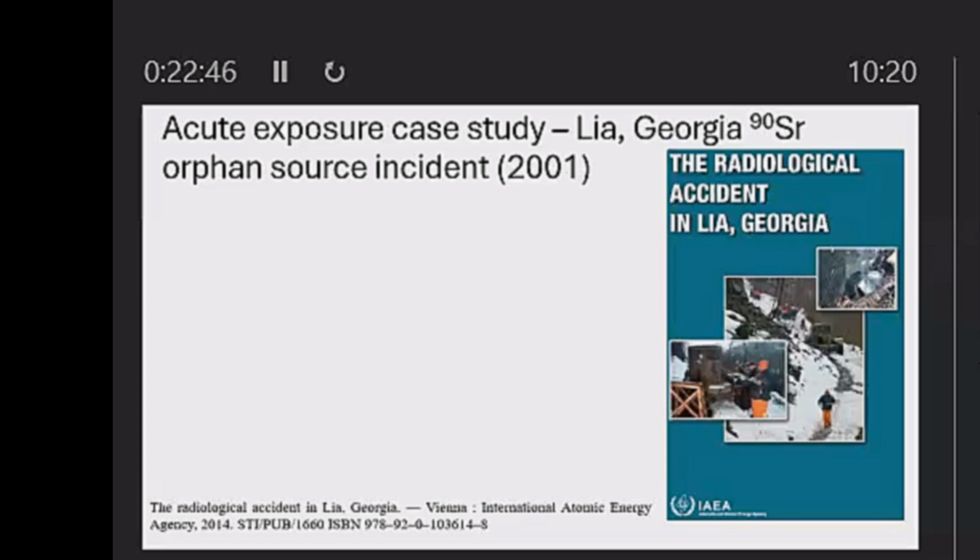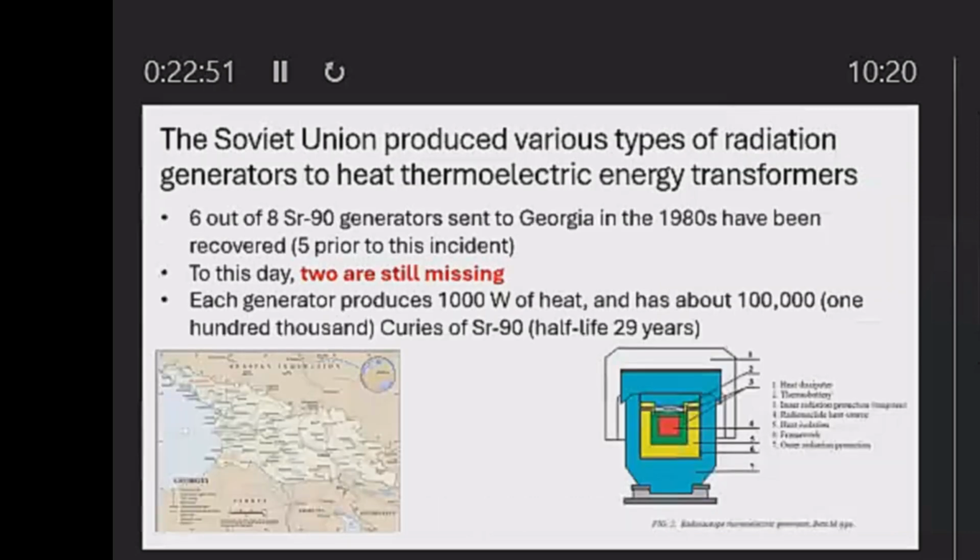It happened in 2001 in Lia, Georgia. The Soviet Union produced various types of radiation heat generators, thermoelectric energy transformers. I don't really know what those are, but they created a lot of these heat generators.